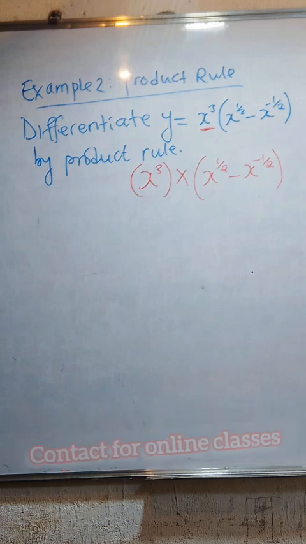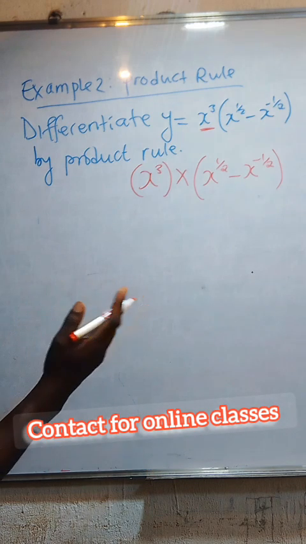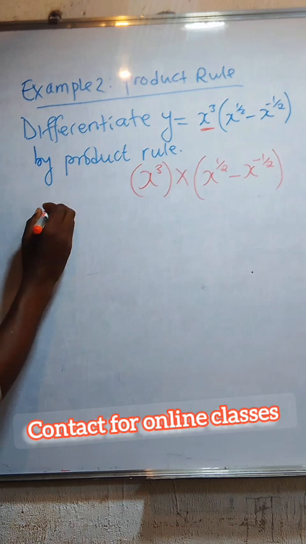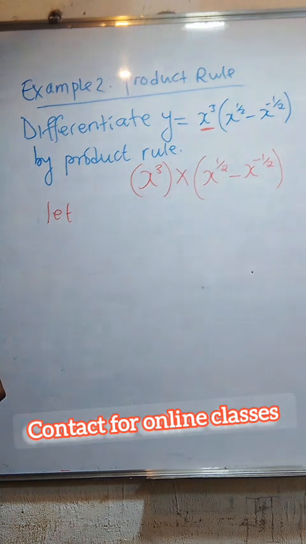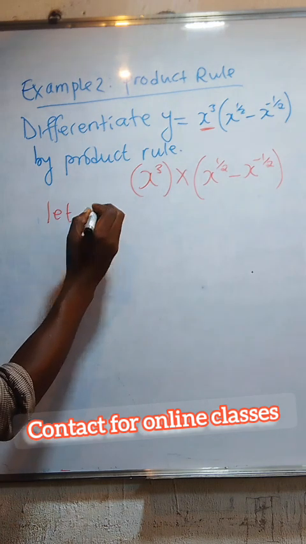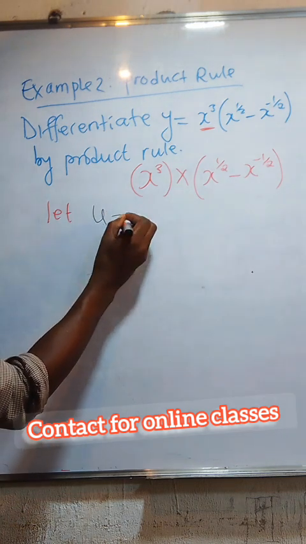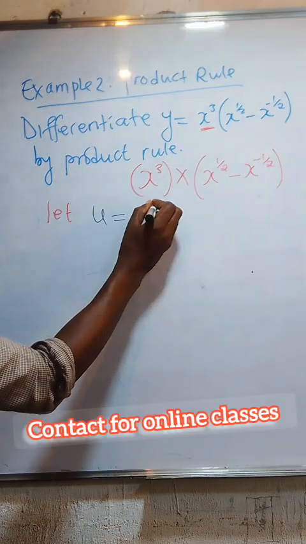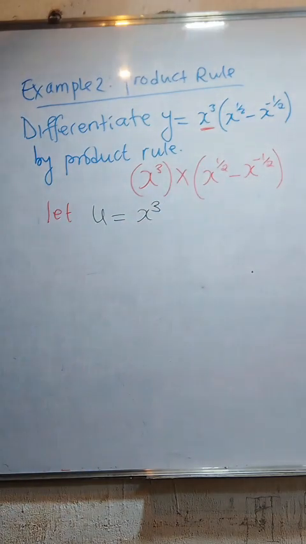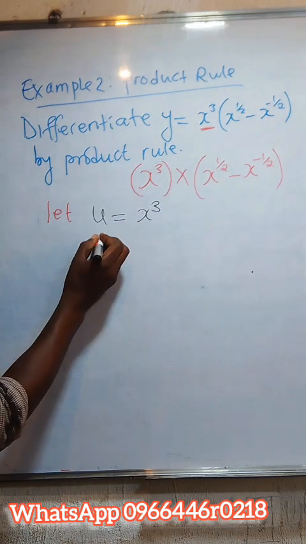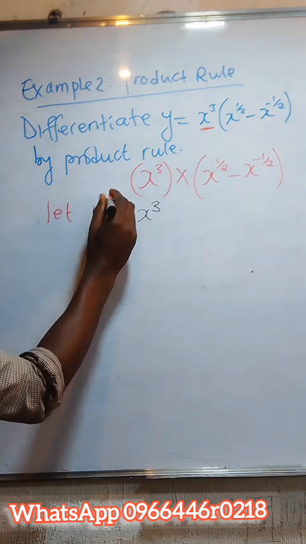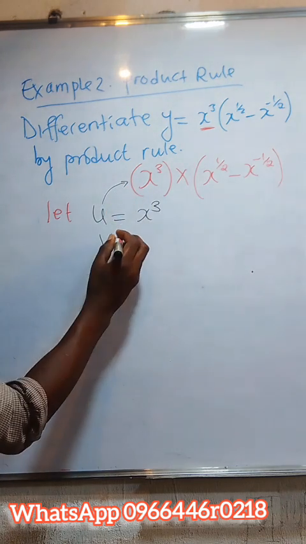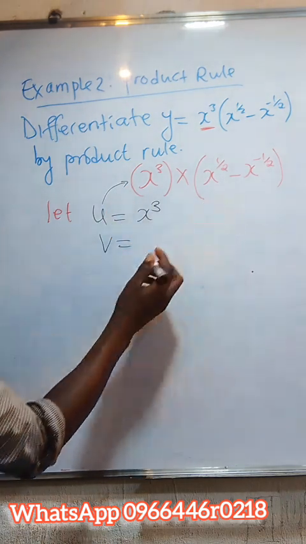Now, when you're using the product rule, what you're going to do is say let u equal x to the power 3, and also v, so this u is for this one, and v equals this one in the bracket.